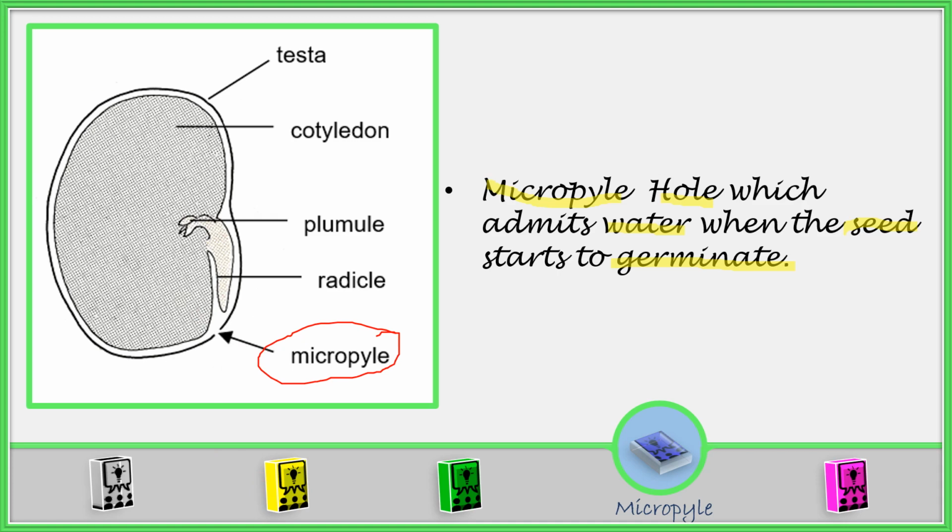So water will enter through the micropyle and it will enter into the cotyledon. So the micropyle allows the entry of water into the seed when the seed starts to germinate.